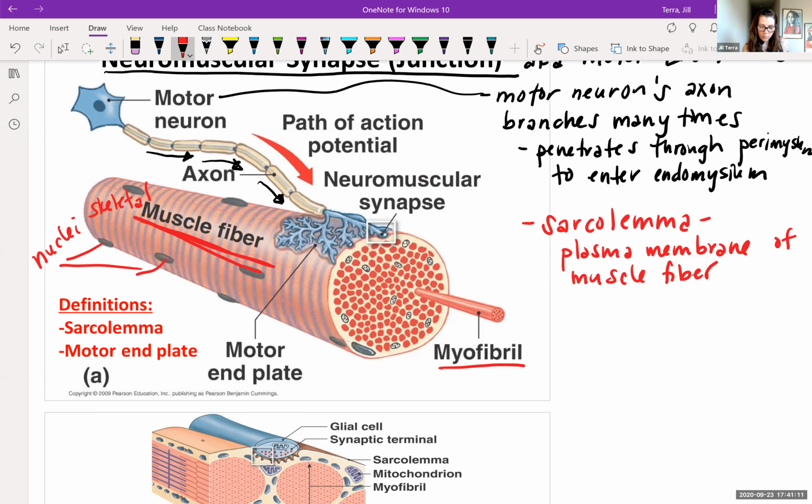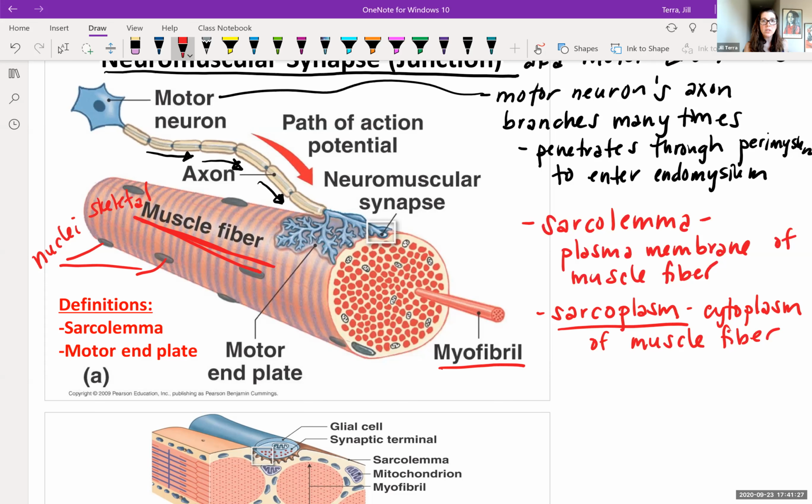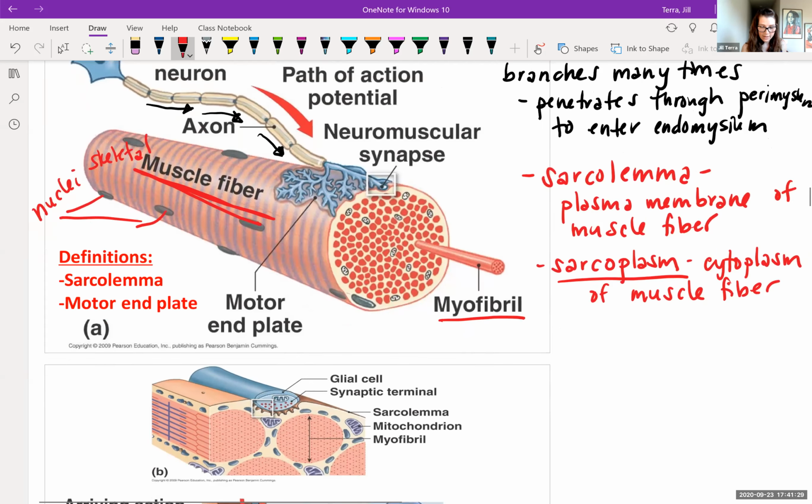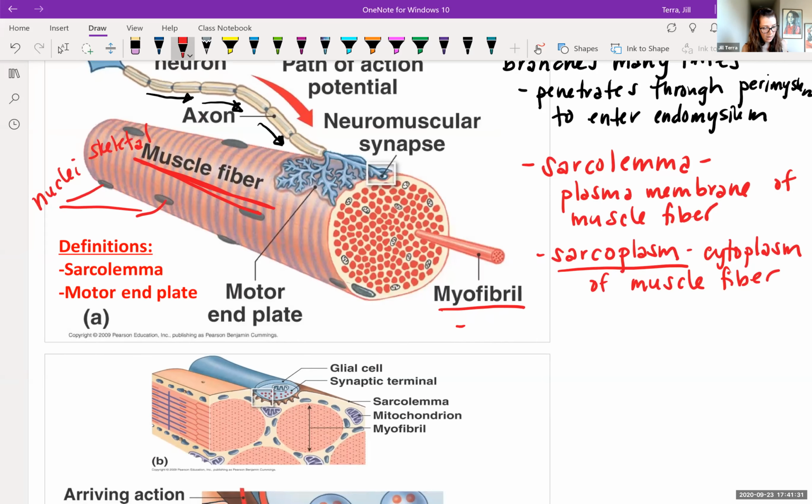Okay, but what we see within the sarcoplasm, which is the cytoplasm of a muscle fiber cell, is these bundles of protein filaments that are called myofibrils.